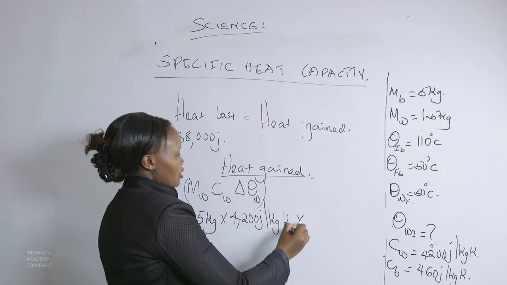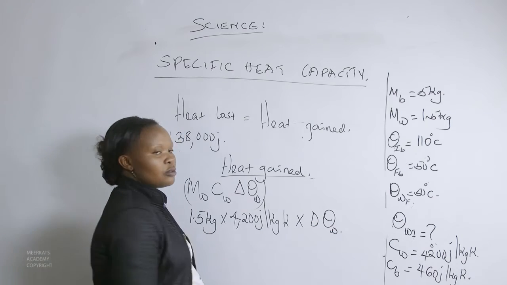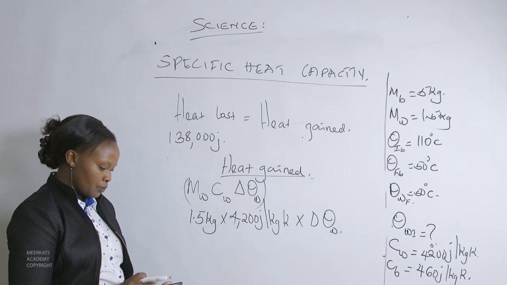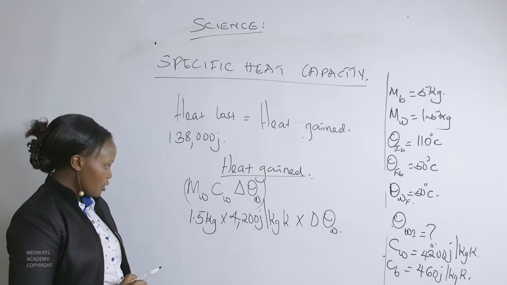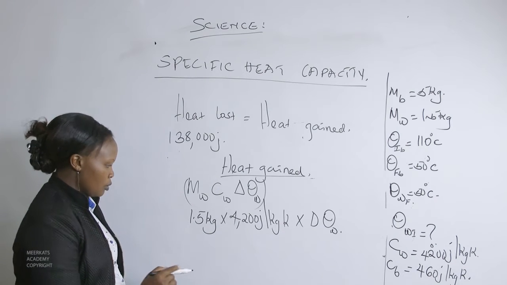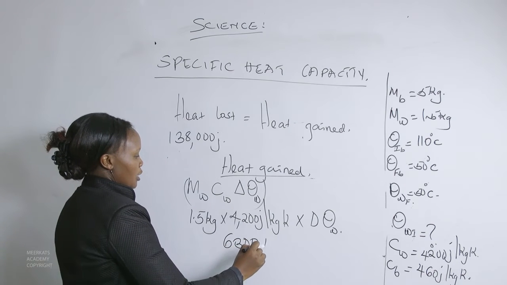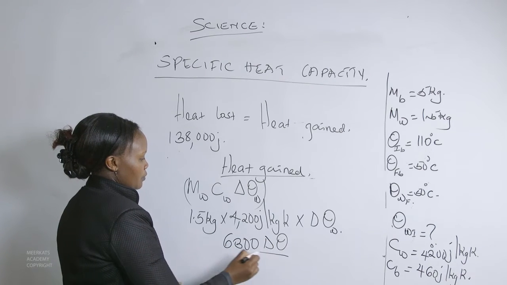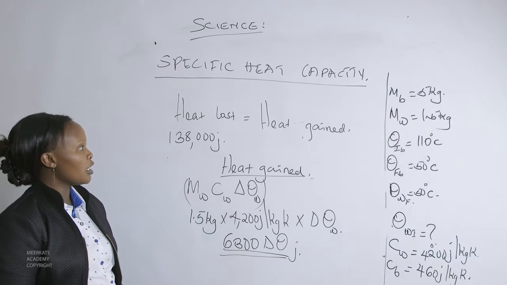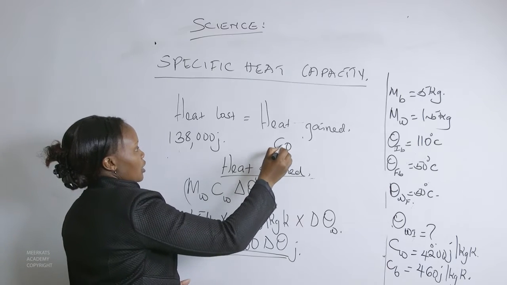And the change in temperature, we are going to take it as delta theta, now that we don't know the initial temperature of water. This takes us to 6,300 delta theta joules. Remember that this is heat we are calculating, which in itself is a form of energy. Therefore, the units are joules.